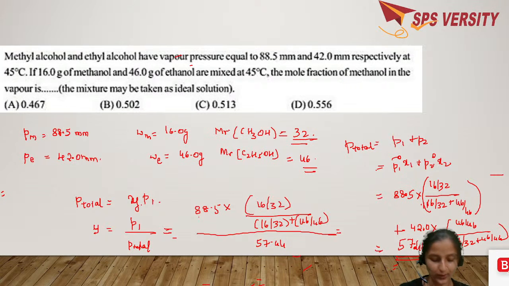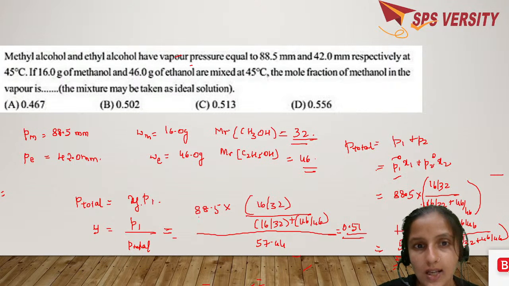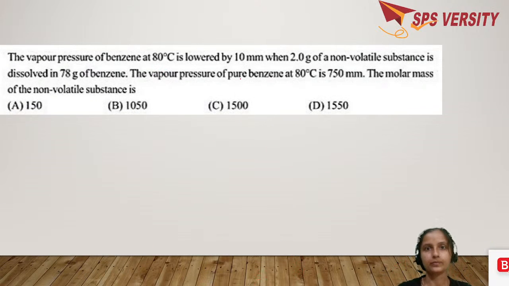Multiplying this, it is going to be 0.51. Yes, we have it over here. So all the three values are almost near. You can see that, so find it out properly. The answer would be option C.